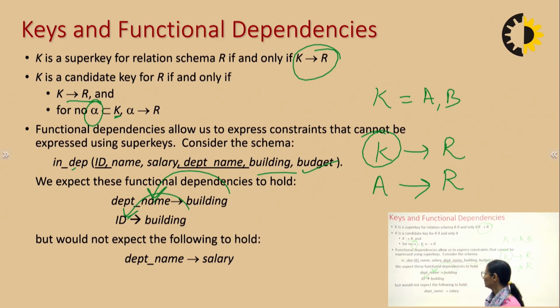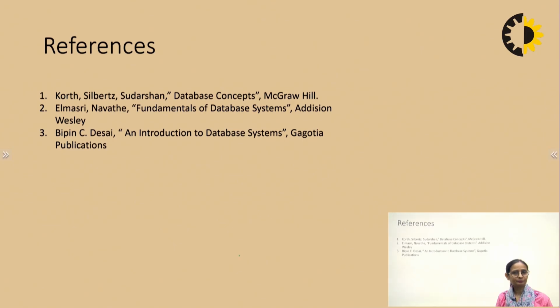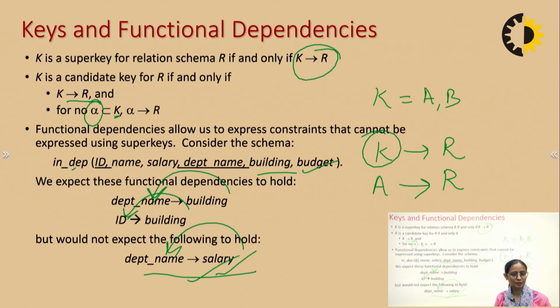But we cannot say that salary is dependent on department name. In this relation schema, you cannot find this, but maybe this kind of dependency is hidden and existing. If I try to find the F plus, then it becomes part of my F plus. So this is all about functional dependencies.